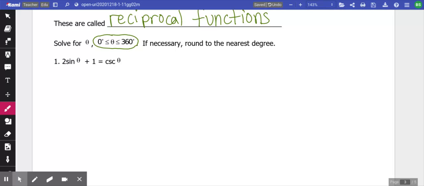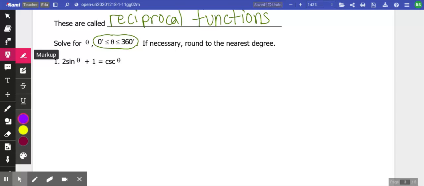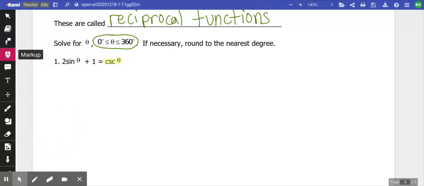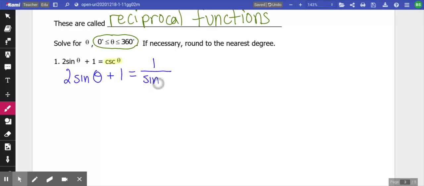All right, so when we get these, we actually want it to be in one trig function. So the first thing we're going to do is rewrite the reciprocal function in terms of sine. So what that will look like is 2 sine theta, that won't change, plus 1 equals, cosecant is the same as 1 over sine theta.